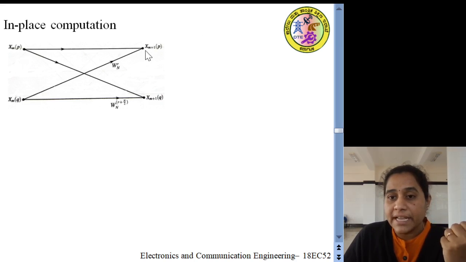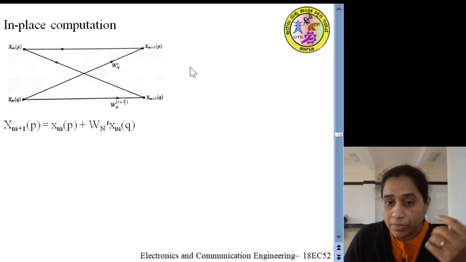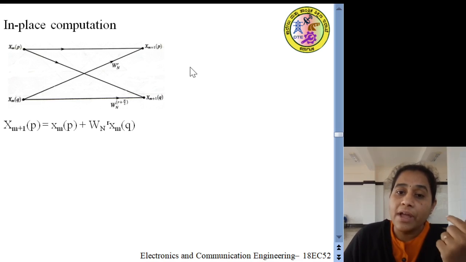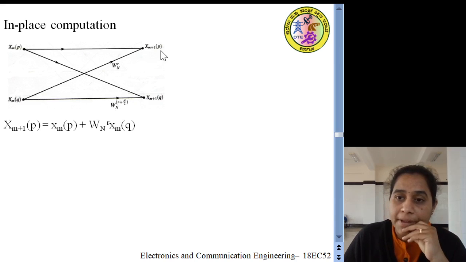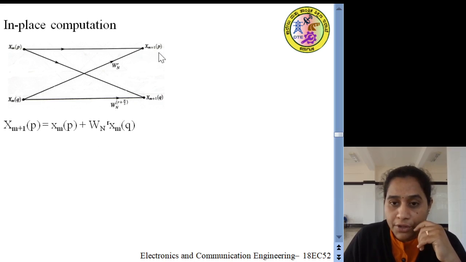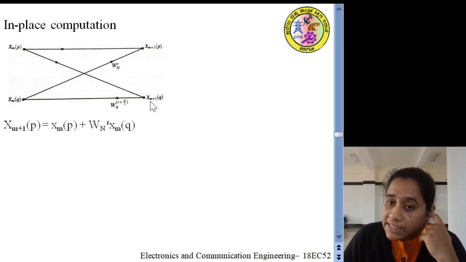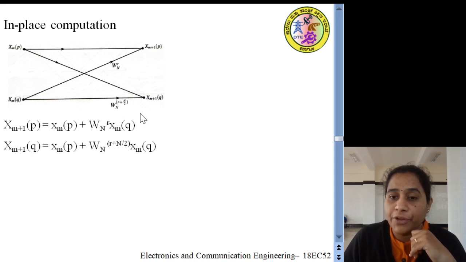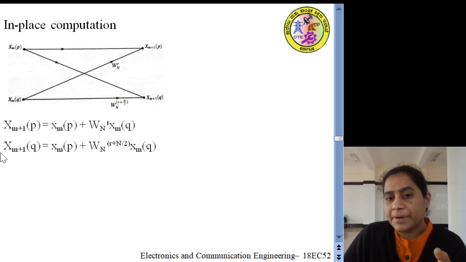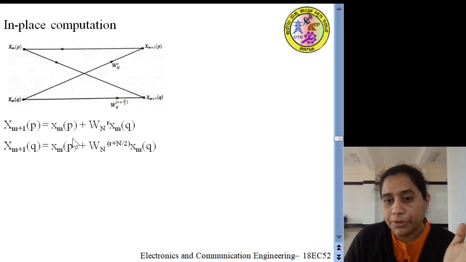The outputs we obtain are x of m plus 1 of p, which is equal to xm of p plus Wn raised to the power of r into xm of q. And x of m plus 1 of q is equal to xm of p plus Wn raised to the power of r plus n by 2 into xm of q. So these two represent outputs and these two represent inputs.